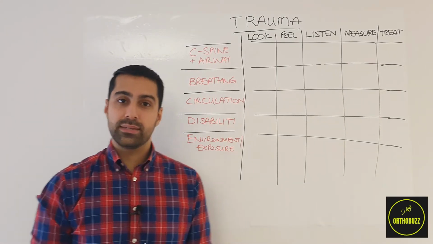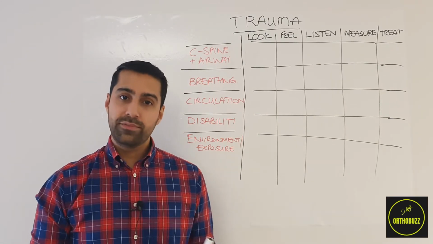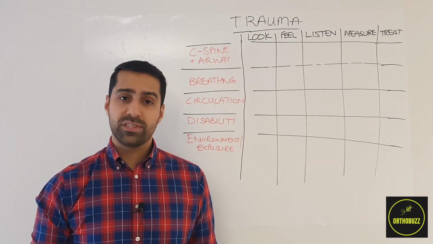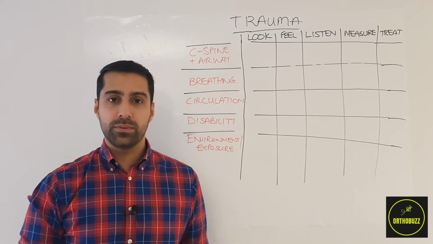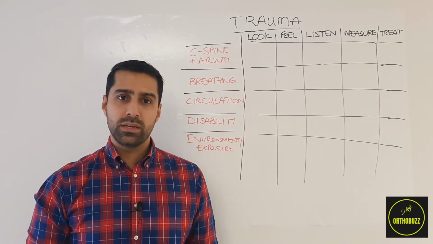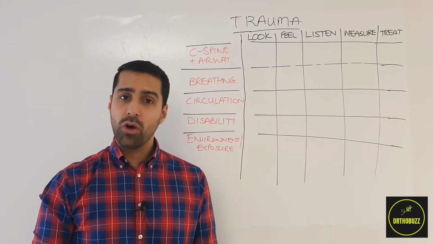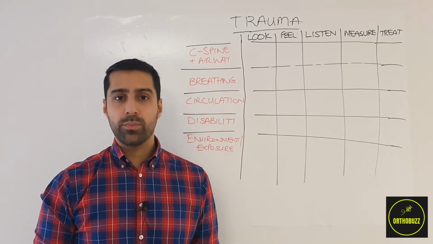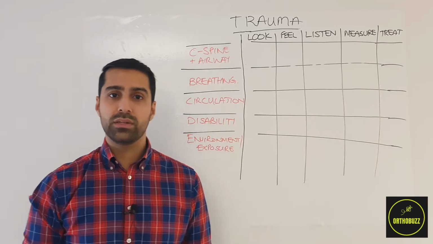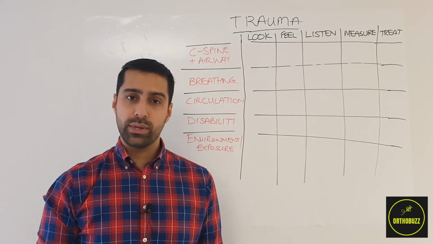So let's take a case. Let's imagine we have a 55-year-old gentleman who's come off his motorbike and hit the central reservation. He's found at the scene with a deformed limb which has been splintered. His observations are heart rate of 105, blood pressure of 110/90, respiratory rate of 20.